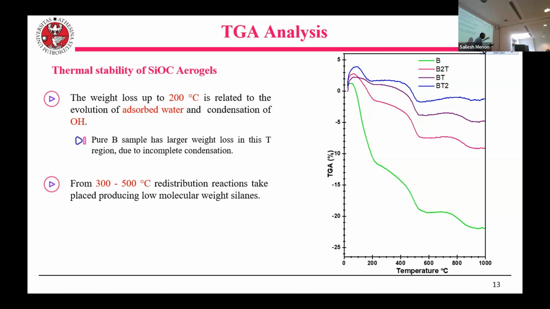Therefore, we assign that this sample has more OH groups and also some molecular water. So this weight loss is related to the evolution of absorbed water and the condensation of OH bonds. We also see the second weight loss, from 300 to 500 degrees centigrade. We have a redistribution reaction, which leads to the evolution of low molecular weight silanes.